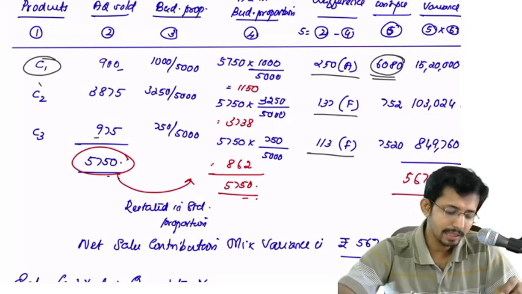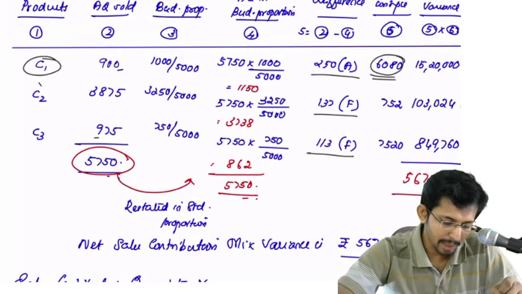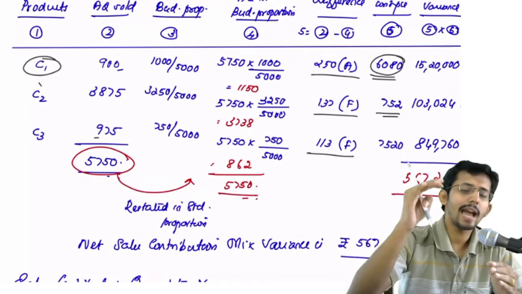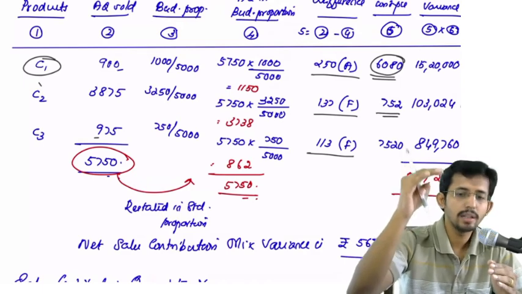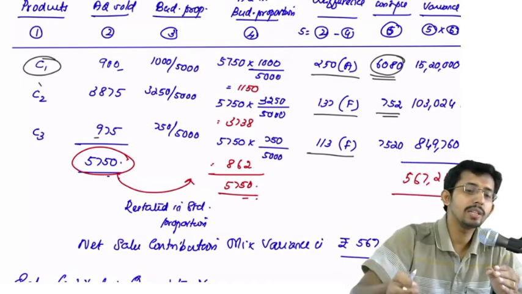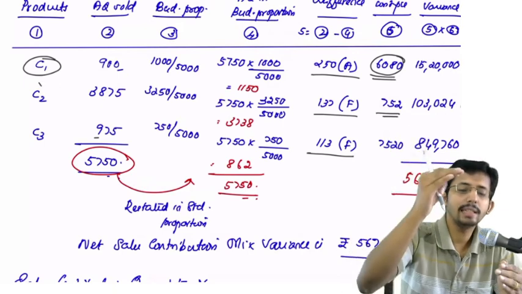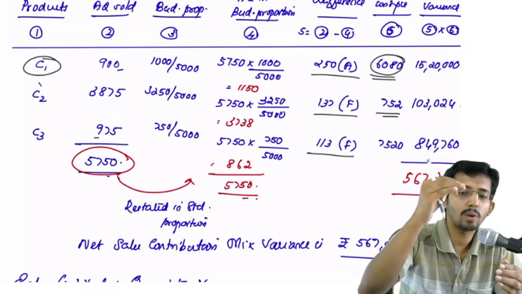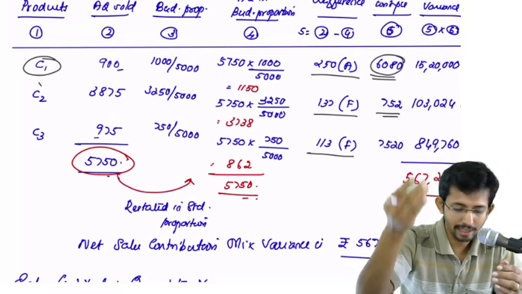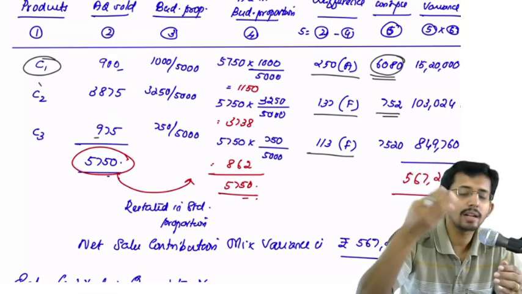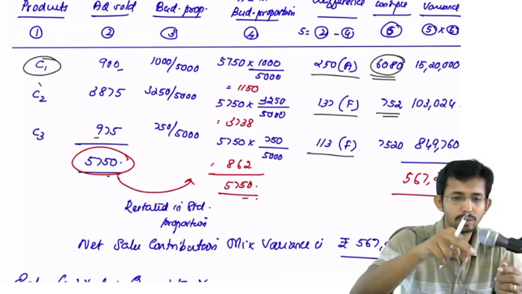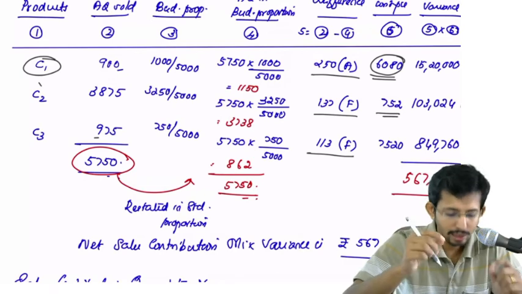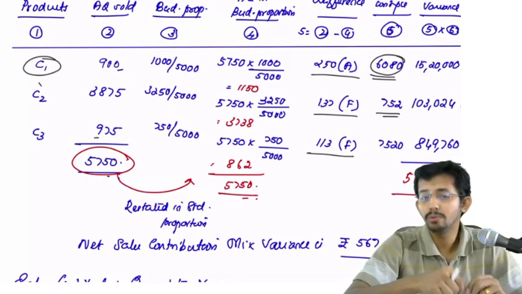But the problem is, in case of C2 the contribution per unit is just 752. So what has happened is, the actual sales of C1 went down whereas that of C2 went up, but the loss of contribution in case of C1 was around 15 lakhs 20,000, whereas the additional contribution received in C2, which is a lower contribution yielding product, is only 1,03,024.